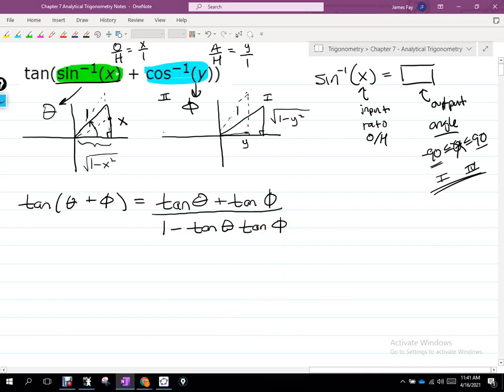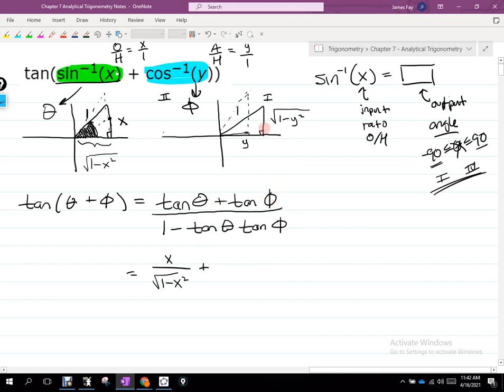Okay. Now, and this is why we had to find these third distances on these triangles. If I ask you what's the tangent of theta, you can now look at this picture, and you know the opposite and adjacent sides, right? For theta. Remember, this angle right here is theta. You've got the opposite side being x, and the adjacent side being root 1 minus x squared.